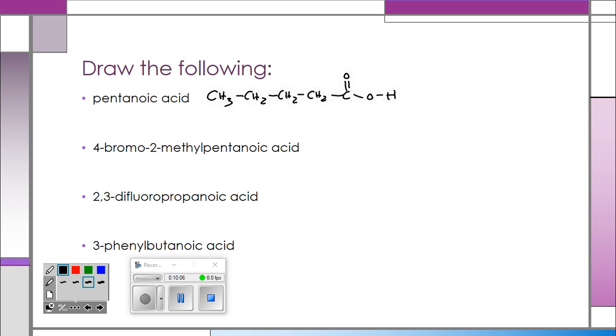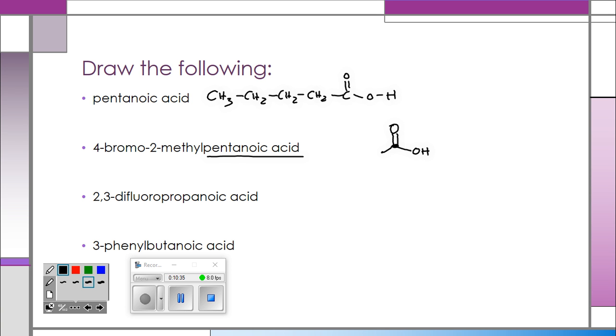Now, if you want to try line drawings for carboxylic acids, which is fine, this one starts off the same as pentanoic acid. So you would put 2 lines and then your O, and a single line to OH, and they would kind of look like this. So there's a carbon here. Even though you wouldn't have to write the C, that's the end of a line, so there's a carbon there.